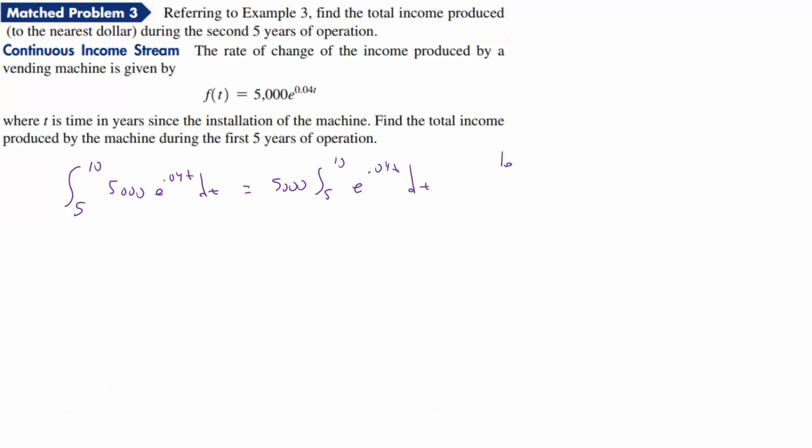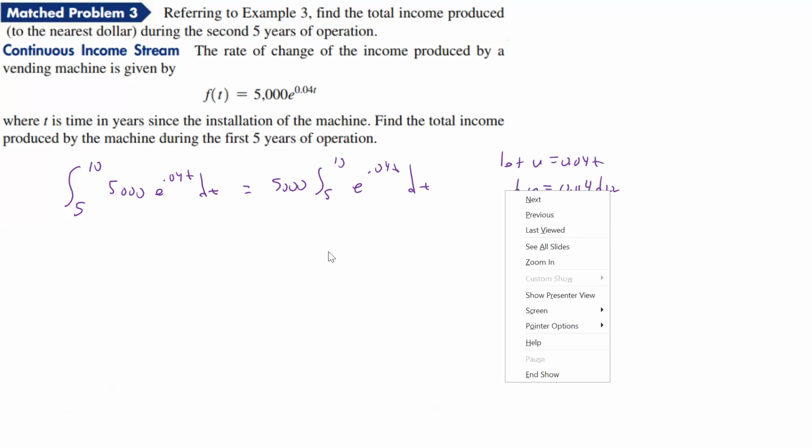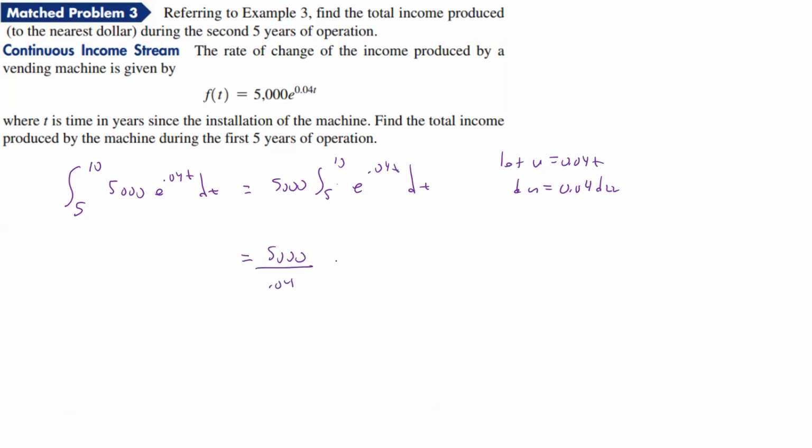Now let's let u equal 0.04 t, and du is equal to 0.04 dt. To do that, we have to multiply this by 0.04, and we have to divide this by 0.04. So we'll have 5,000 divided by 0.04, times the integral from 5 to 10 of e to the u du.